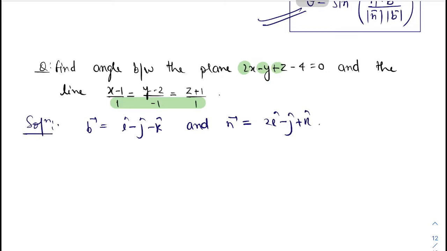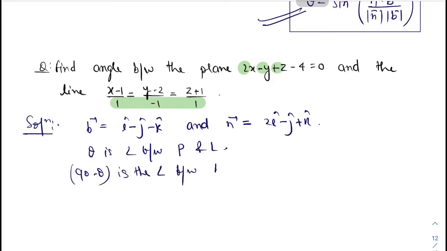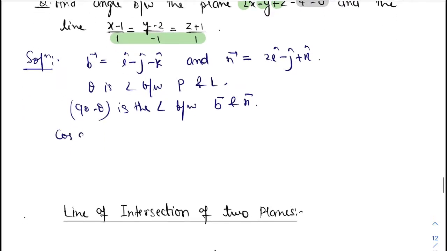So if theta is angle between plane and line, then 90 minus theta is the angle between b and this n vector. So I can write cos of 90 minus theta is equal to b dot n vector divided by the product of their magnitude.